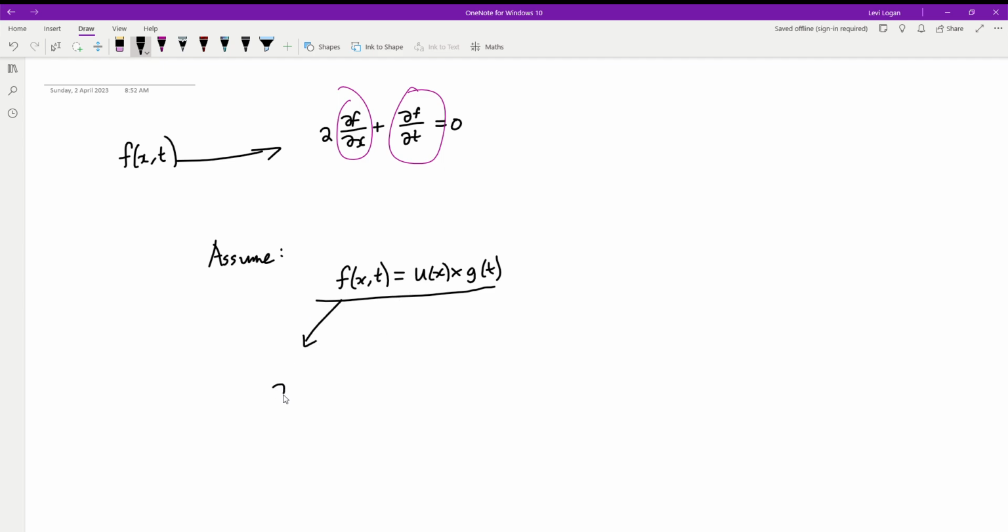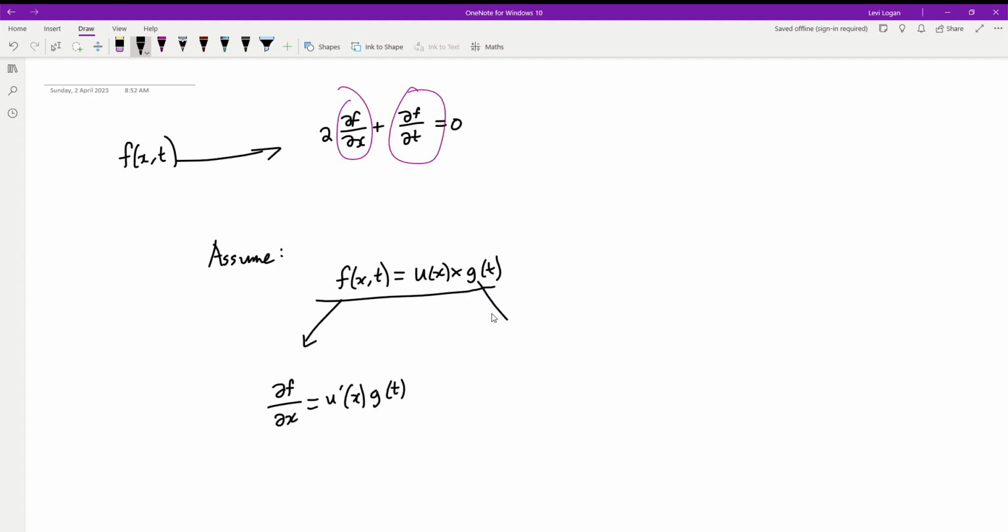The partial derivative of f with respect to x: you differentiate the right-hand side with respect to x, so t is a constant. When we differentiate, u of x is just going to be u dash of x. Whatever the function of x is, it's its derivative multiplied by g of t. That's the partial derivative of f with respect to x.